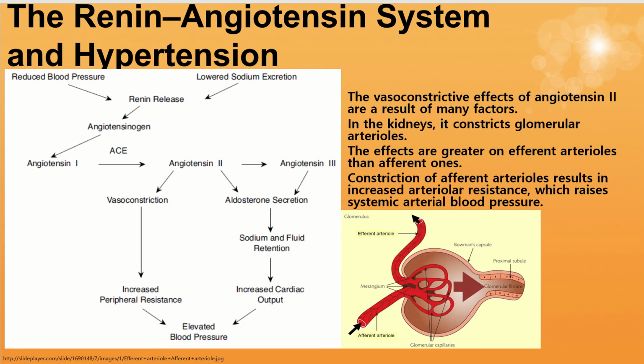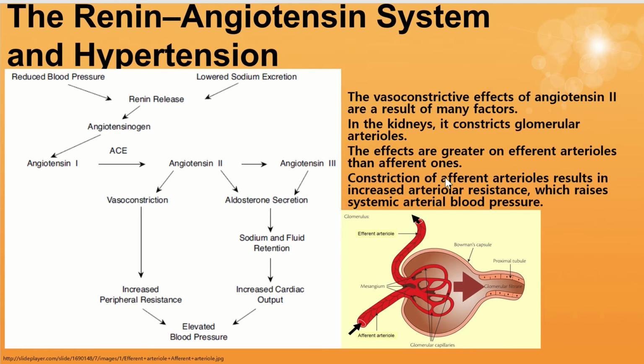All right, so the vasoconstrictive effects of angiotensin 2 are a result of many factors. So in the kidneys, it constricts glomerular arterioles, and the effects are greater on efferent arterioles than afferent ones. So afferent is the one going to, and efferent is the one coming out.